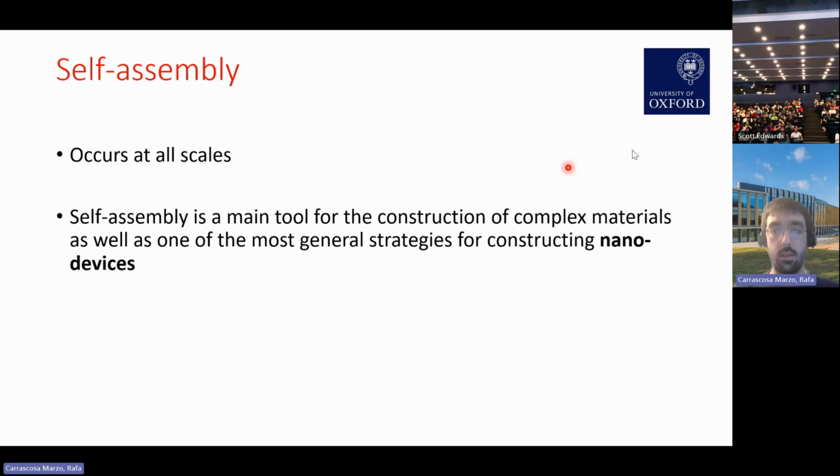And it leads to the assembly, in an autonomous or seemingly autonomous manner, of complex materials from usually simpler units. It's one of the most generally used strategies for constructing nano devices, given the difficulties that working at the nanoscale has, since it is such a small scale compared to the regular sizes at the macro scale that we are all familiar with.